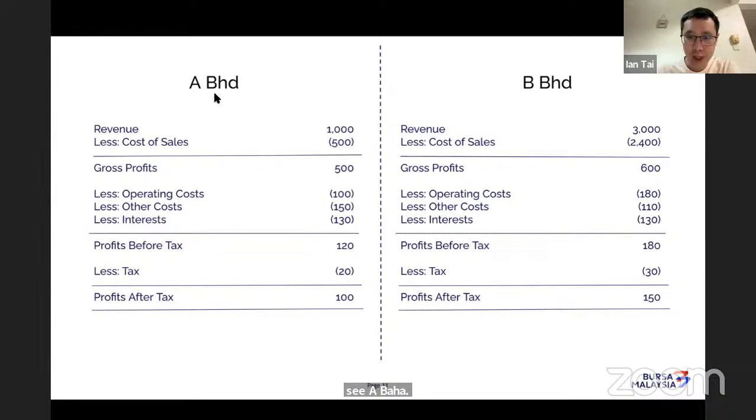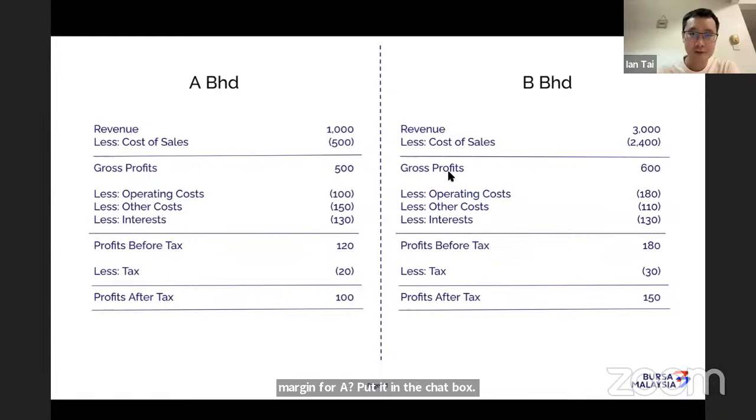So net profit margin is profit after tax, which is 100 over here, divide by revenue, which is 1,000. Okay, 100 divided by 1,000 times 100%. So what is the net profit margin for A Berhad? Put it in the chat box.